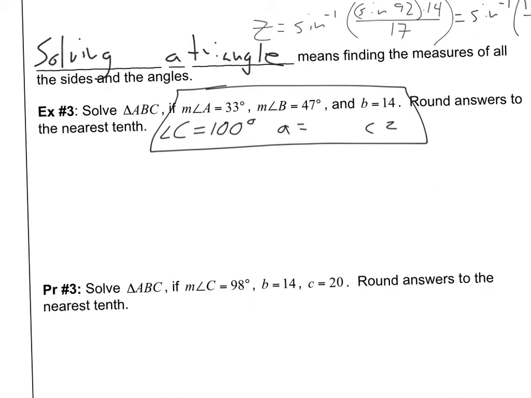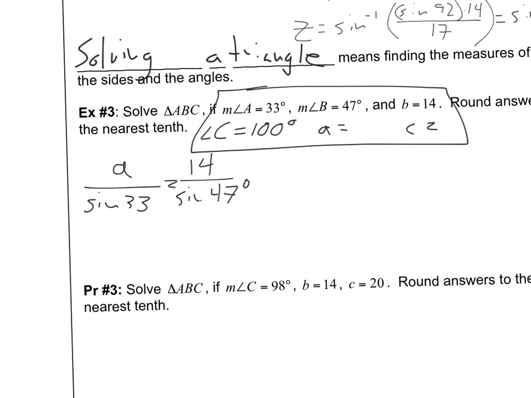I want to know side A, so I put it on top, over the sine of angle A, which is 33. Set it equal to side B, which is 14, over the sine of angle B, which is 47. I want to solve for A, so I need to get it all by itself.